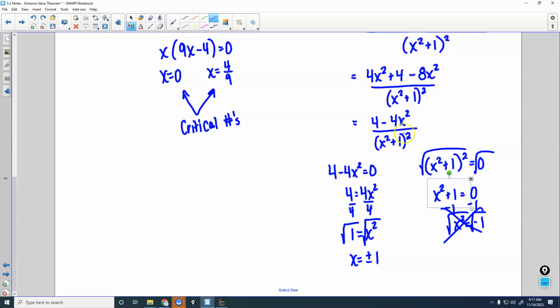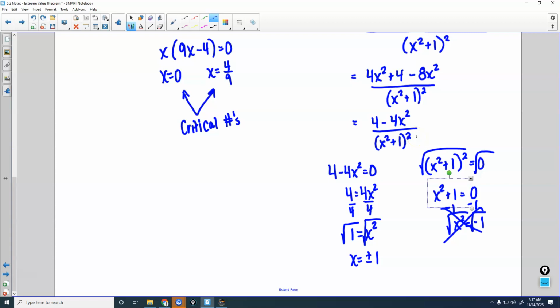If you think about it, look at what you're doing to this number here. Whatever this number is, you are squaring it. What's going to happen to a number when you square it? It's going to be positive, right? So I have a positive number here. I'm going to add 1 to it. It's going to make it more positive, right? Now it's a positive number greater than 1. And then I'm going to square that. Positive. There is no chance that this can be anything but a positive number.